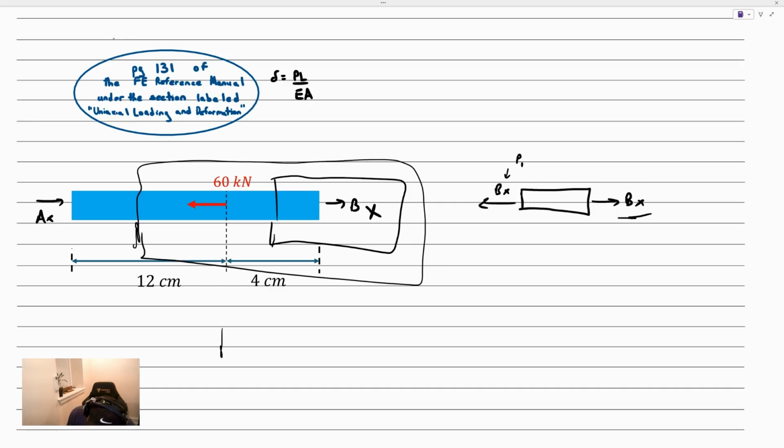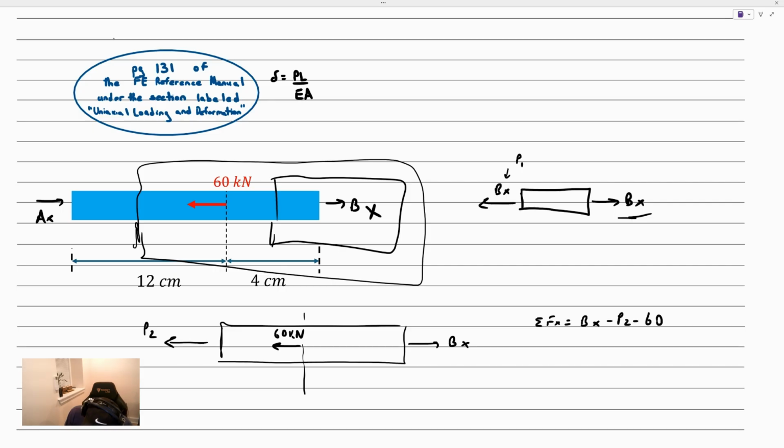If we free it, what we have is an unknown internal reaction, that's the P2. We have a Bx here, and we have the 60 kilonewtons. If we sum the forces in the x direction here, we get Bx minus P2 minus 60 equal to 0. P2 is equal to Bx minus 60.